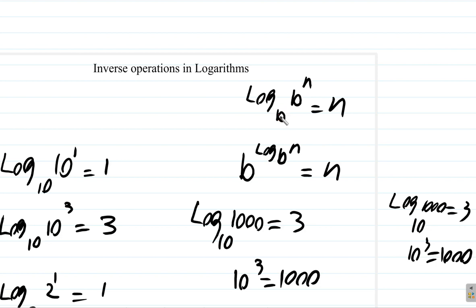Raise b to that answer and you get back the number. The log of b to the n gives you an answer, and b raised to the answer gives you back b to the n. One is going one way, the other is going the opposite way, wiping out what the other one did. So they are inverse operations.